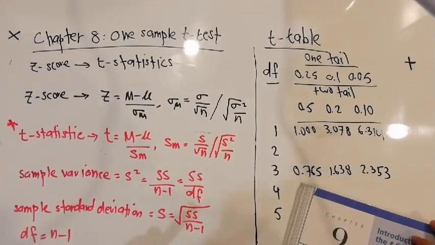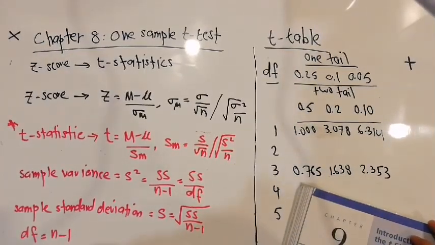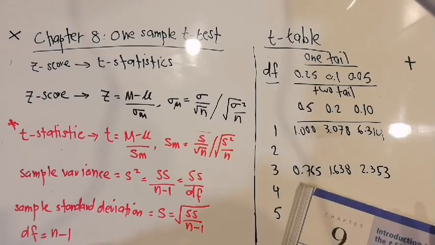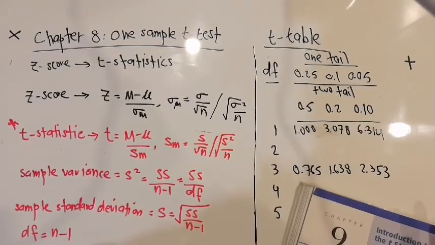Okay, so today we will cover chapter number 8. In the book it would be chapter number 9, which is the introduction to the t statistic. For chapter 8, we call it the one sample t-test.